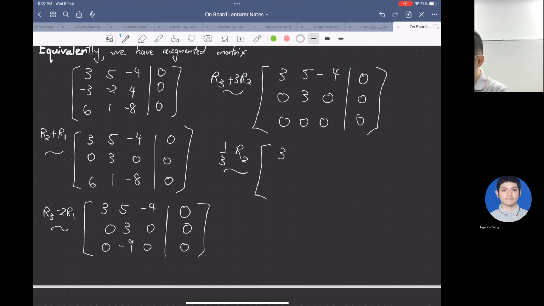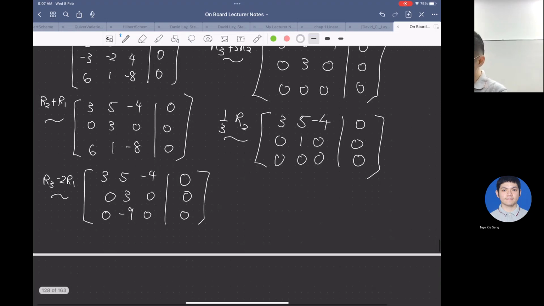I rescale the second row, and I get 0, 1, 0, 0. So I get my pivot already. I still need to make 0 above the pivot position, so I take row 1 minus 5 row 2.